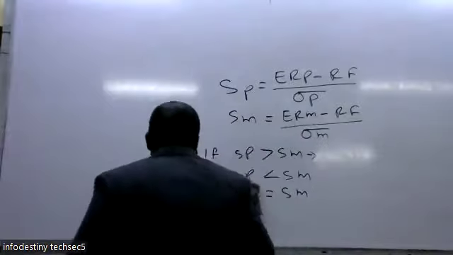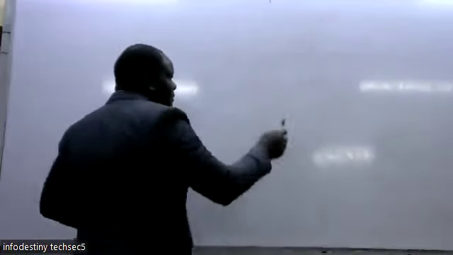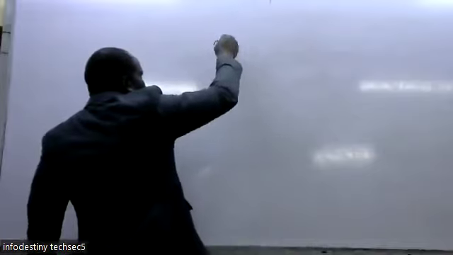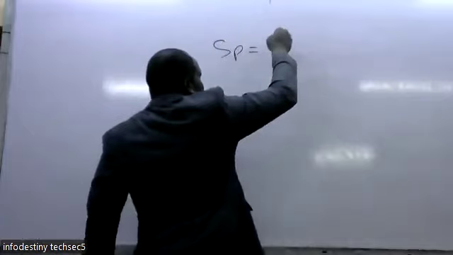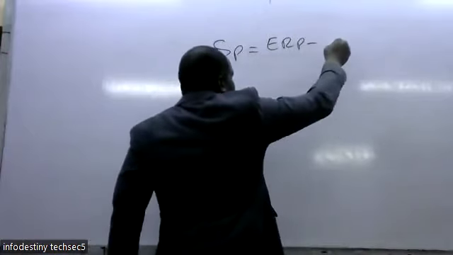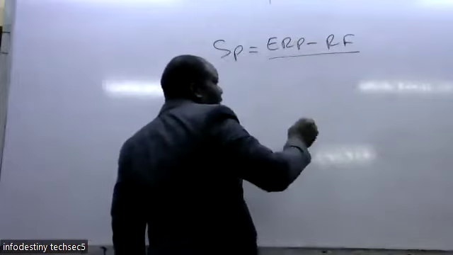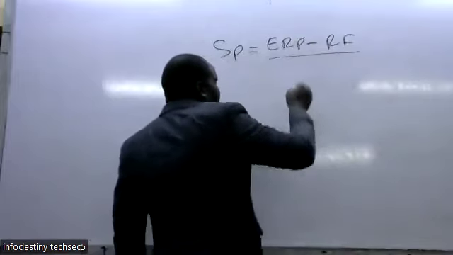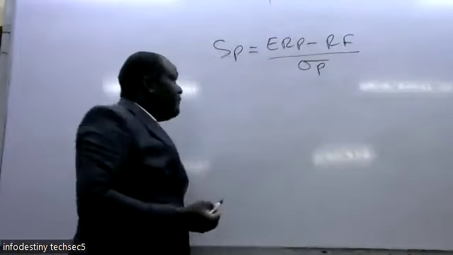According to that measure, the Sharpe of the portfolio is simply the expected return of the portfolio minus the risk-free rate, then divided by the standard deviation of the portfolio.